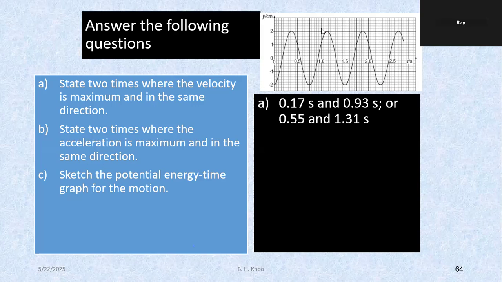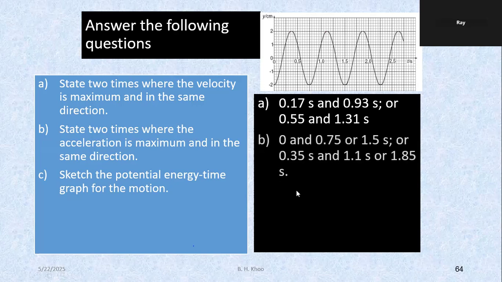So you just label 0.35 and 0.75, or can be also 1.5, or 0.35, you are right, 0.35 here, and 1.15 second, or 1.85 second.